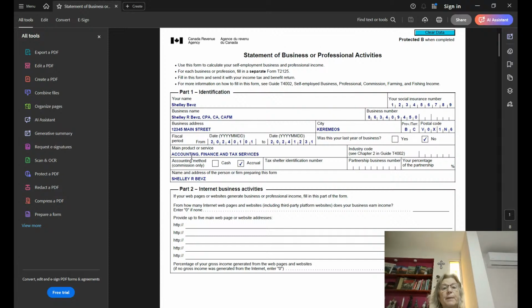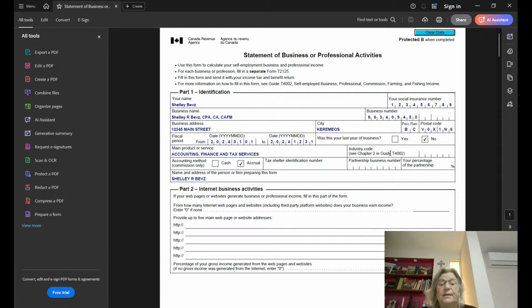So what is my main product or service? Well, I'm a CPA, so accounting, finance, tax services. Education. What is the industry code? The industry code is your NAICS code. The NAICS code, if you have software, it will pop up for accounting or finance or farming or other services, or you can Google it and look it up online.